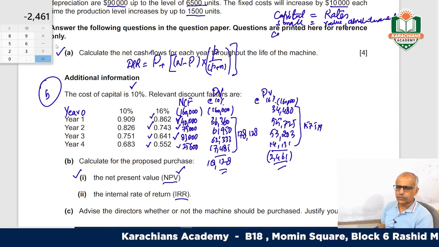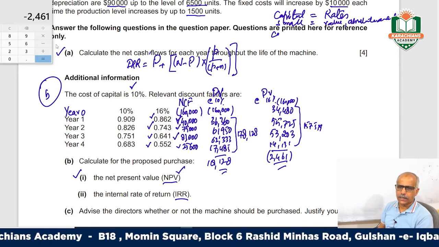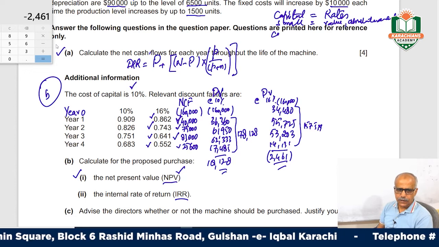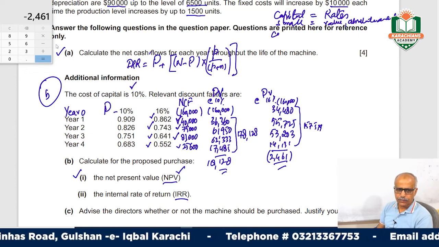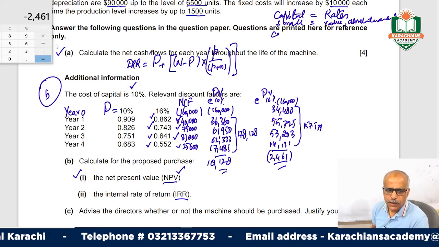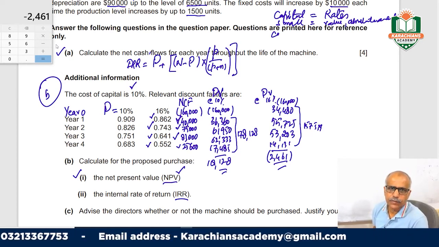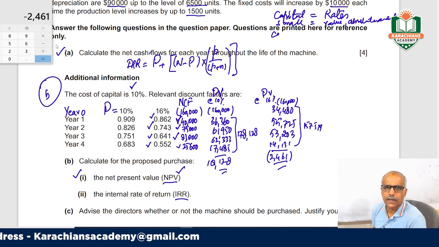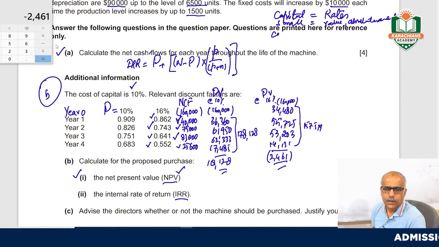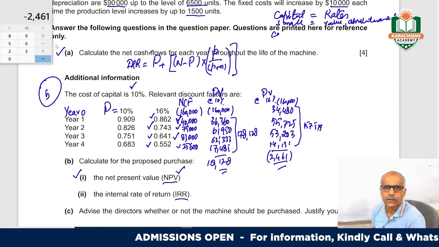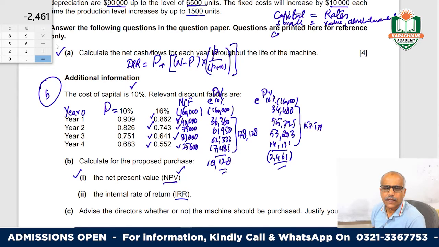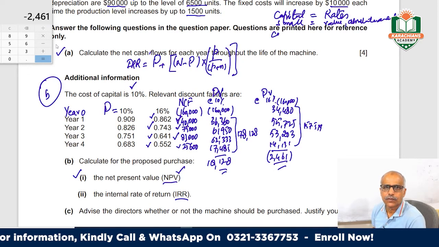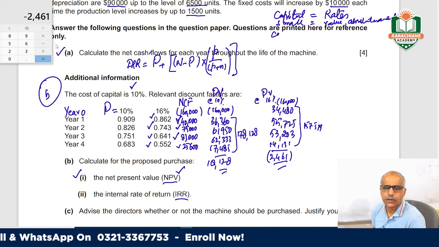Capital P means positive rates and capital N means negative rates. Capital P means the rate at which your net present value is positive, and capital N means the discount rate at which your net present value becomes negative.